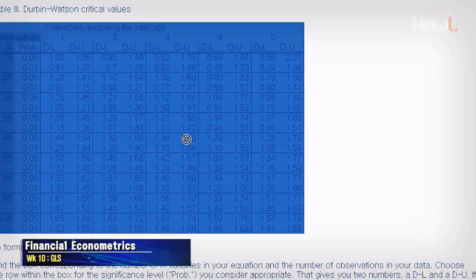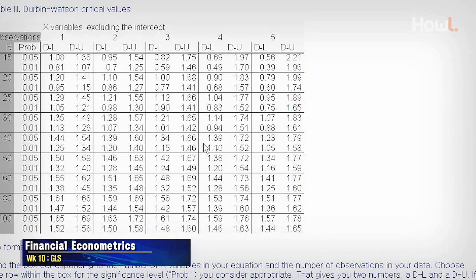If you want a 95% interval, basically you have to use this one. So if your Durbin-Watson statistic is less than 1.34 or greater than 1.66, you have to reject your null hypothesis that rho is 0. Am I right?